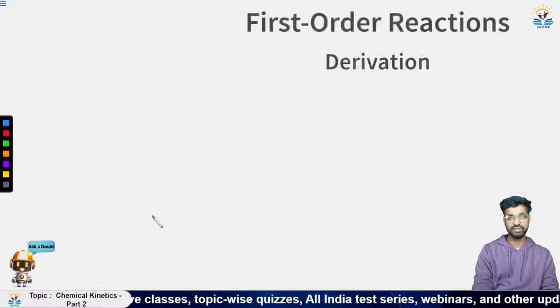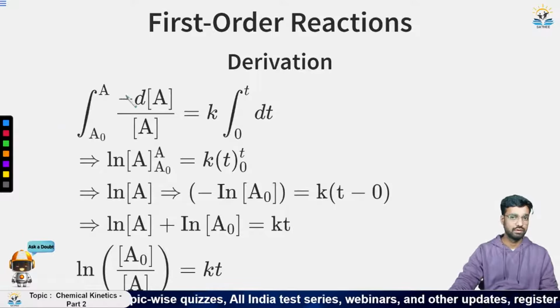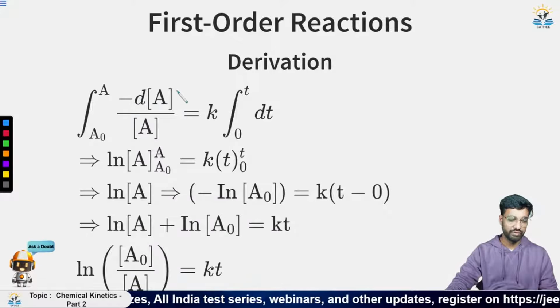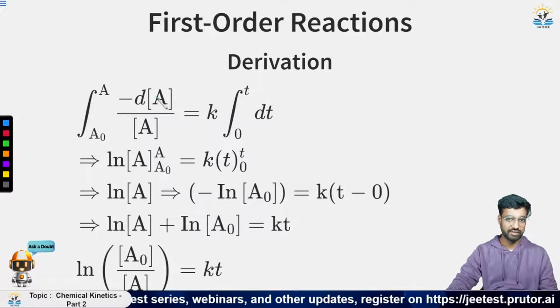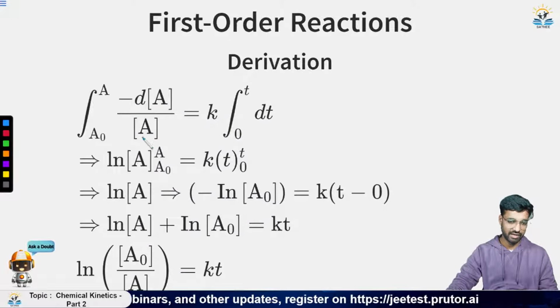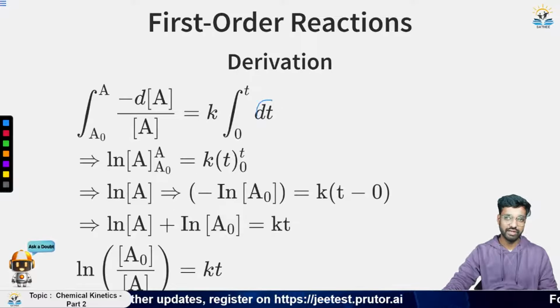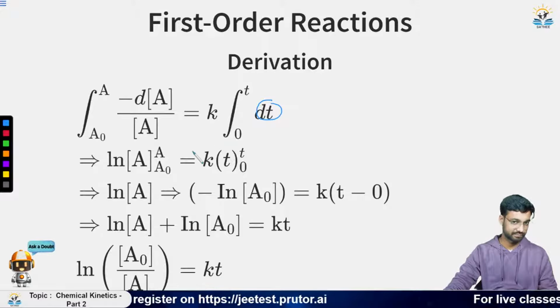So let us see the derivation. Again here we have just arranged the terms, that is minus dA by dt. We have put the A here and moved the dt here. We have cross multiplied it.